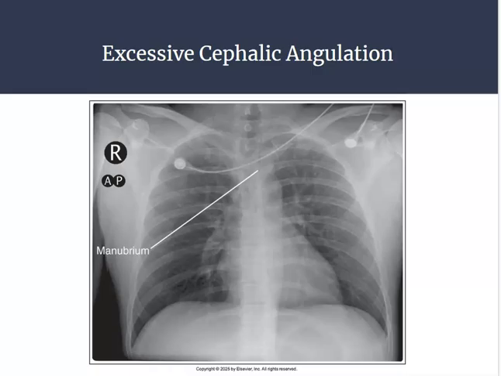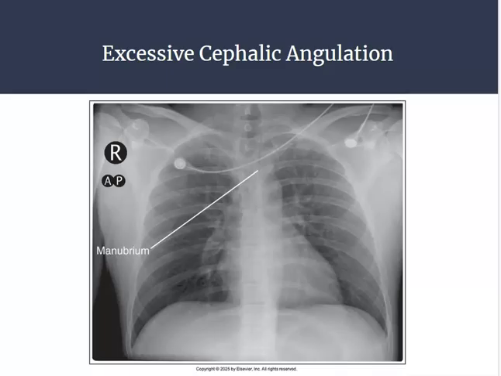In excessive cephalic central ray angulation, the manubrium will be demonstrated superior to the fourth thoracic vertebra. This also demonstrates less than 1 inch of the lung apices superior to the clavicles, and again changes the posterior rib contour to a more horizontal look.